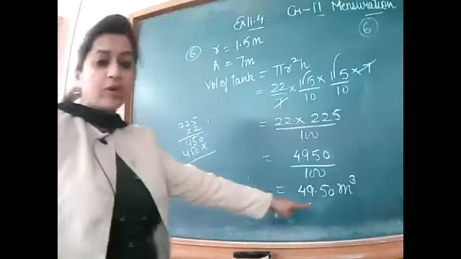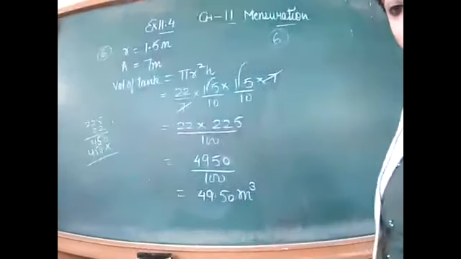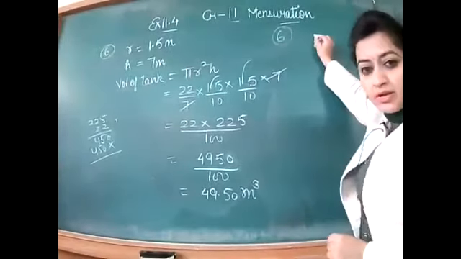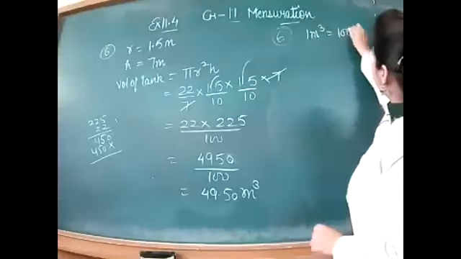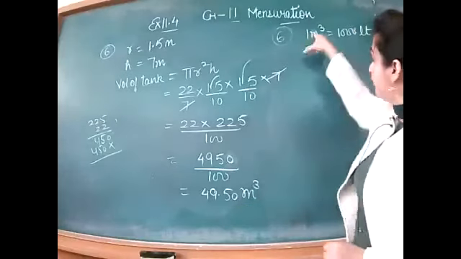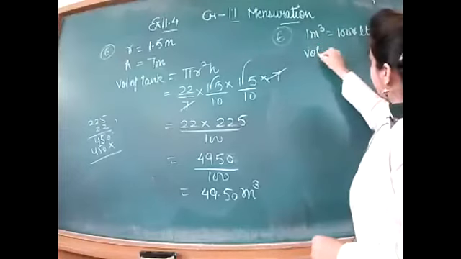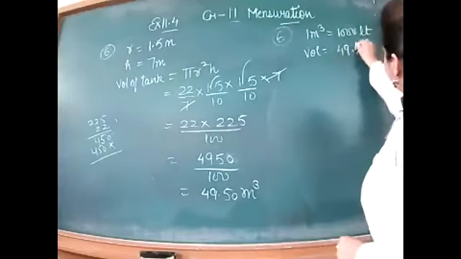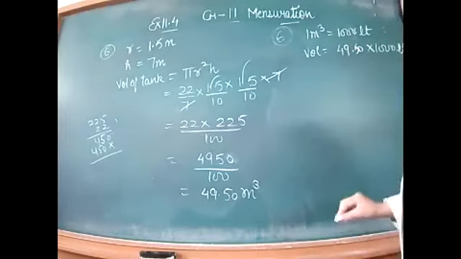Now you have to convert this into liters. What you will do is: 1 meter cube is equal to 1000 liters. So we are converting meter cube to liter, so you will multiply this with 1000, that will become liters.